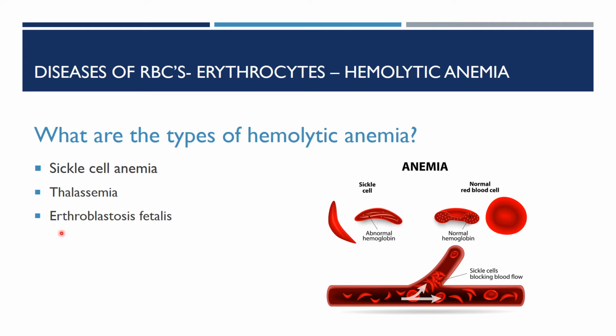But remember, this is HDN, hemolytic disease of the newborn. So the child's red blood cells are essentially going to be attacked by the mom's antibodies because previously, so this is for Rh negative moms only and Rh positive babies or fetuses, the mom's blood has been exposed to the fetus's blood, which leads to the development of the antibodies.